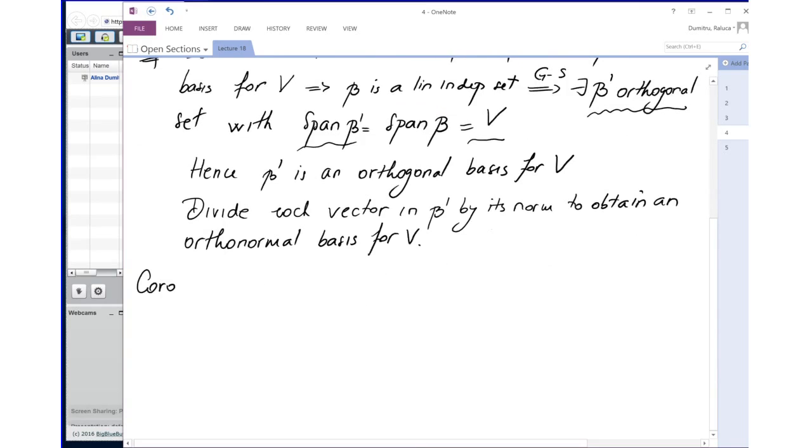So, corollary. Let V be a finite dimensional inner product space. Therefore, it must have an orthonormal basis. Let's say beta is such a thing.